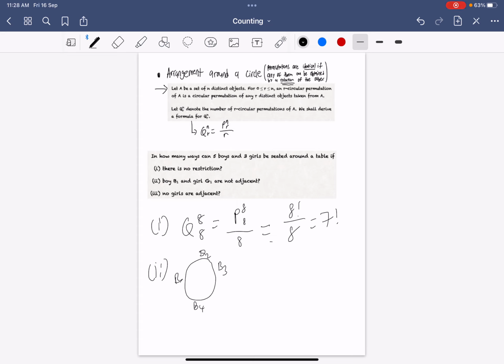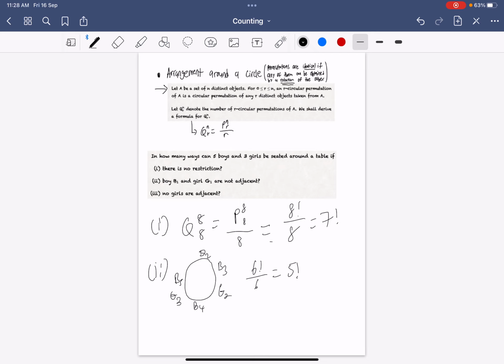So let's say the other 4 boys are arranged in this way, and then you arrange the other 2 girls, of course. So now the girls are arranged within them, and the number of arrangements here will be just 6 factorial over 6. So that gives us 5 factorial.